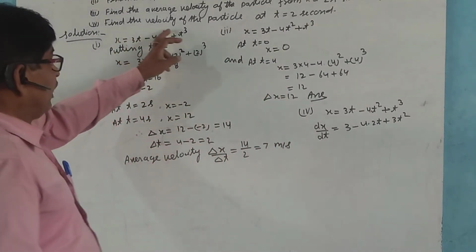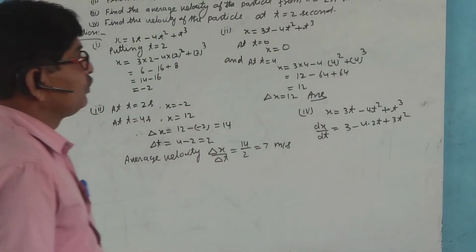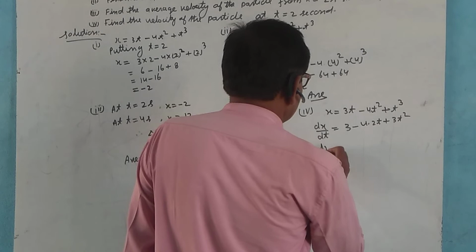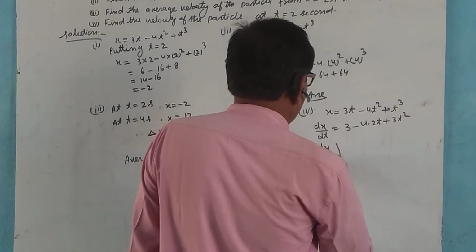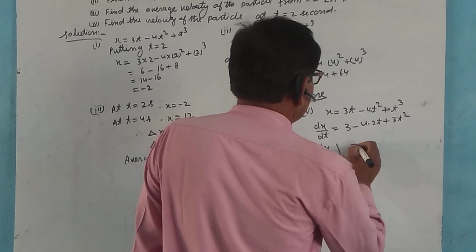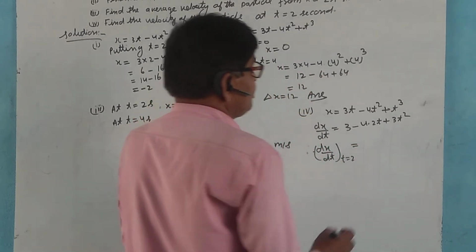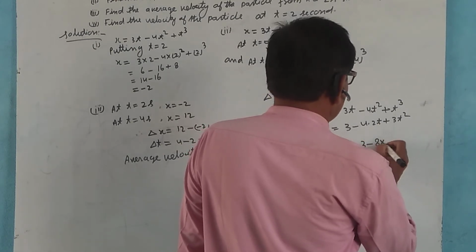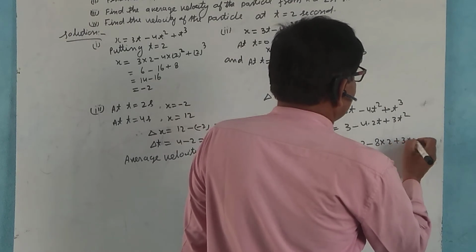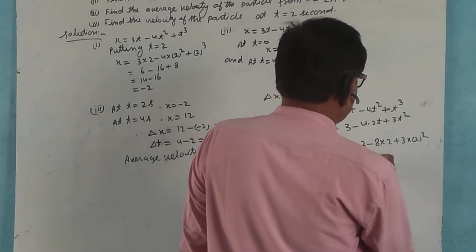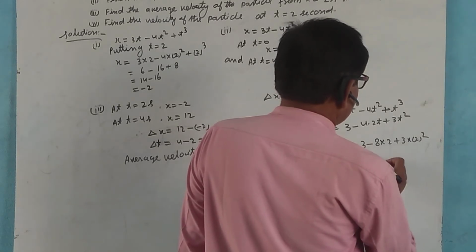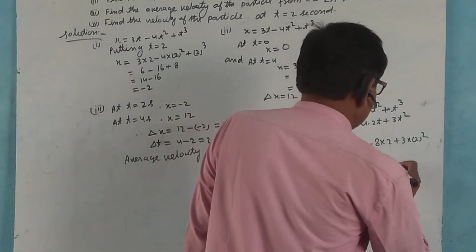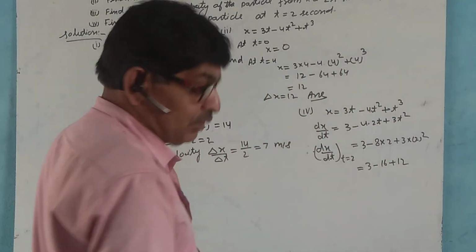Now find the velocity of the particle at t equal to 2 seconds. So dx by dt at t equal to 2 seconds, putting in this case 3 minus 4 into 2 plus 3 into 2 square. This is equal to 3 minus 8 into 2 is 16, and 2 square is 4, 4 times 3 is 12.